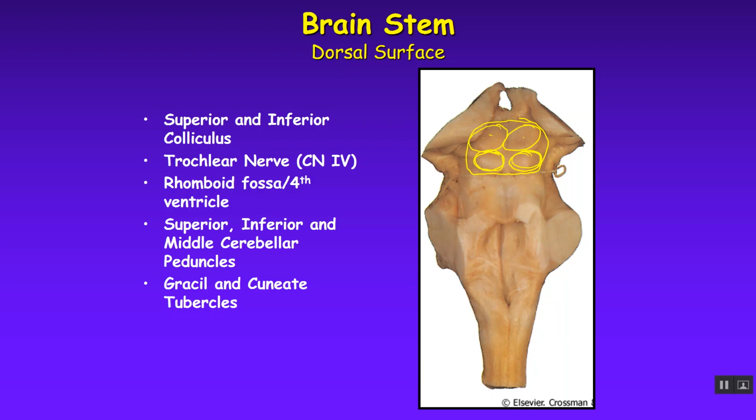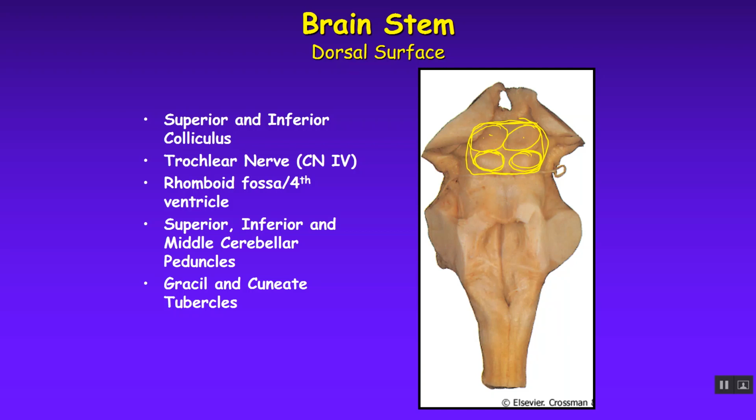All four of those together are called the corpora quadrigemina. Corpora is body, quadra is four, the four bodies, those four colliculi as a group. Collectively, they're also referred to as the roof or tectum of the midbrain.